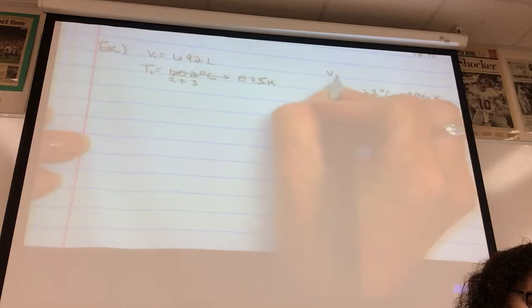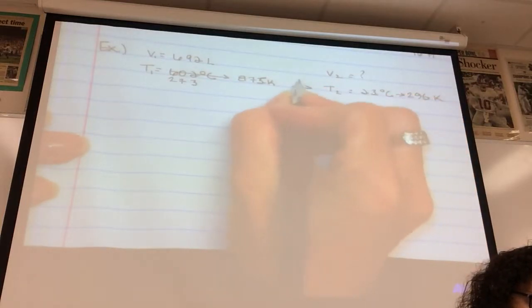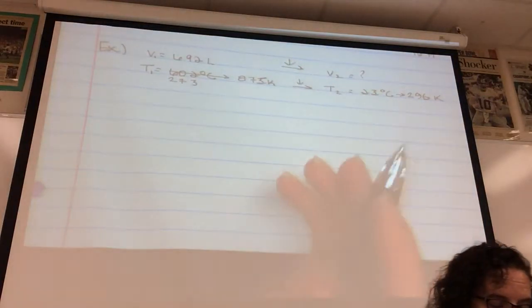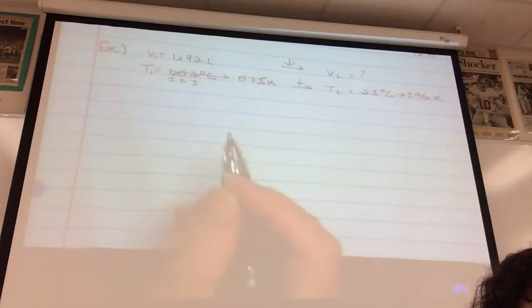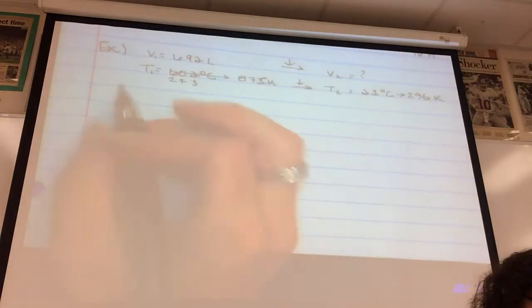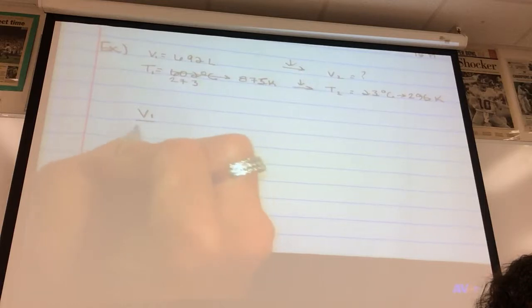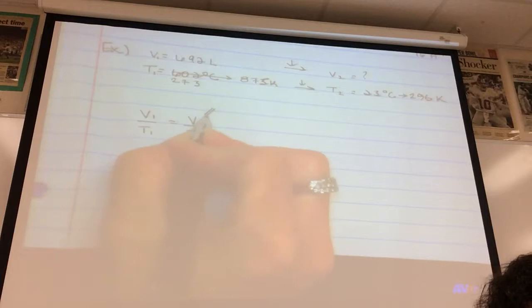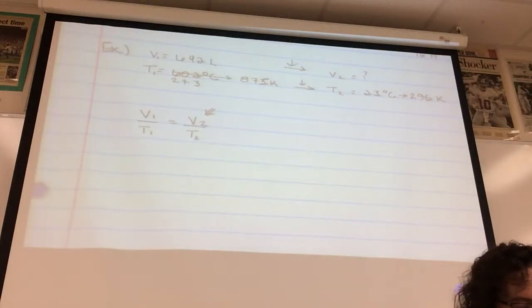Okay. And we're looking for the volume. And we said the temperature decreases, so the volume decreases. Now in regard to Kelvin temperature, the factor by which the temperature changes is the same factor by which the volume changes. So you have V1 over T1 equals V2 over T2. We're solving for V2. I know some of you like to put numbers all over the page, but I don't recommend it at this level. It would be much better if you manipulated variables.